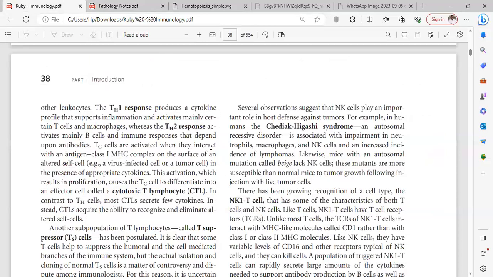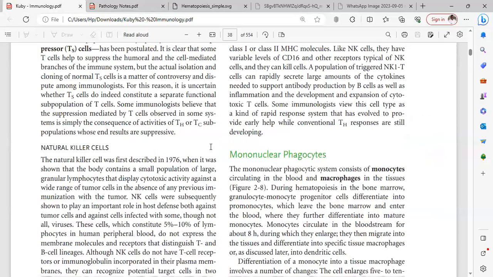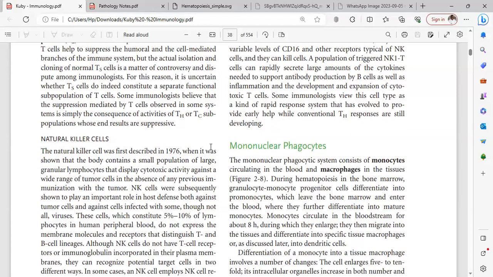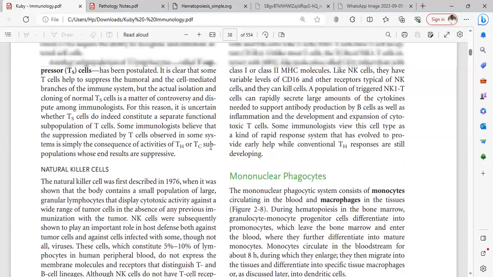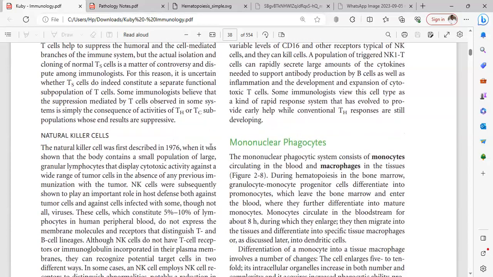So we'll go to the natural killer cell, which is another category of the lymphoid cells. So natural killer cells are large granular cells.